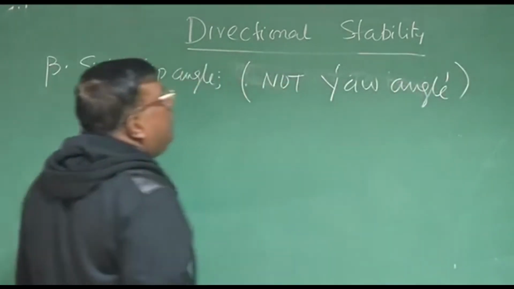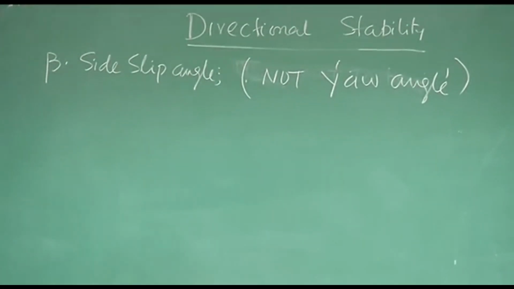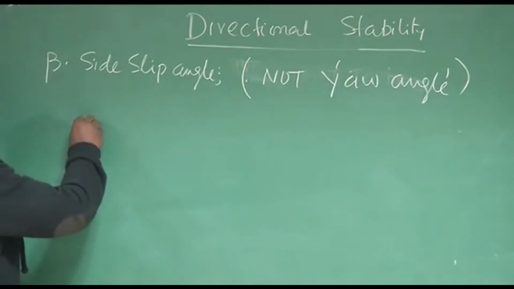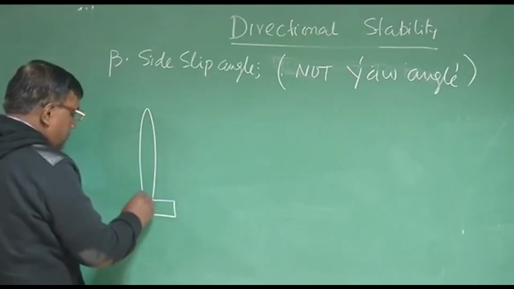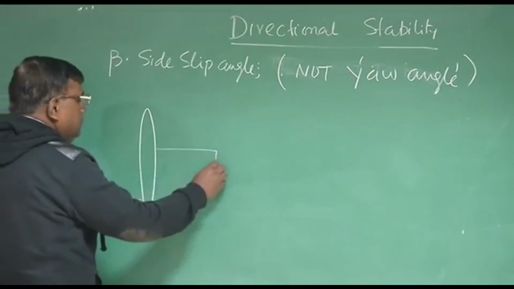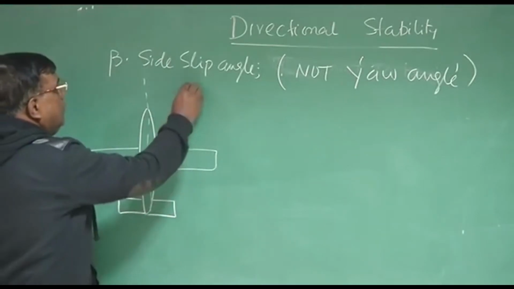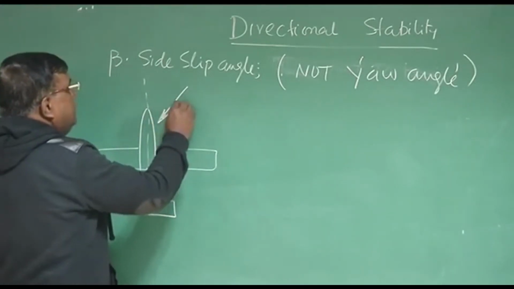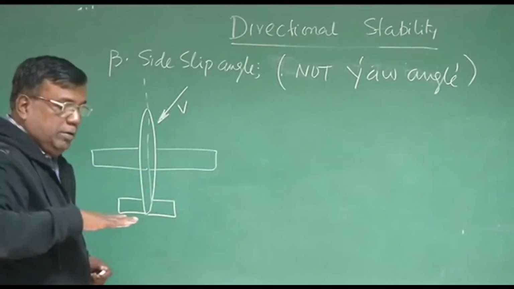We will define yaw angle later. At this point, we restrict ourselves to beta, the side slip angle. And what is the side slip angle? This is the airplane, and I am taking the top view. This is the central line. And if the aircraft CG is moving in this direction, the airplane is moving like this.